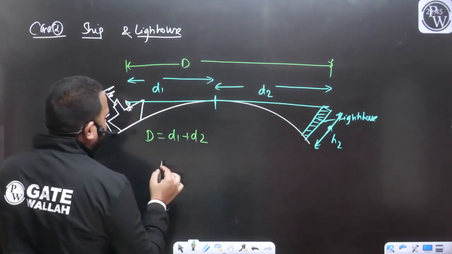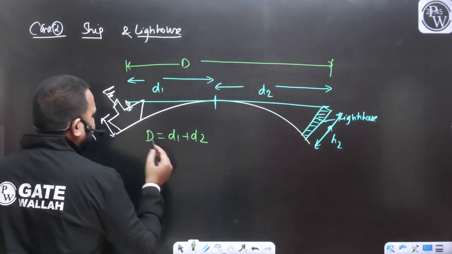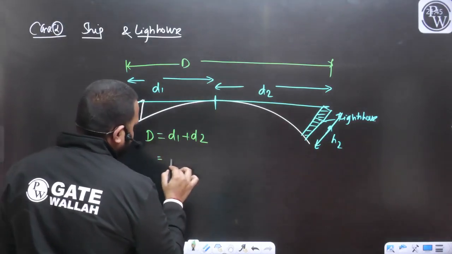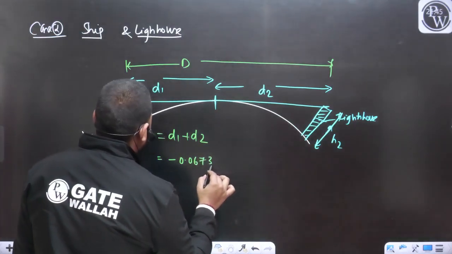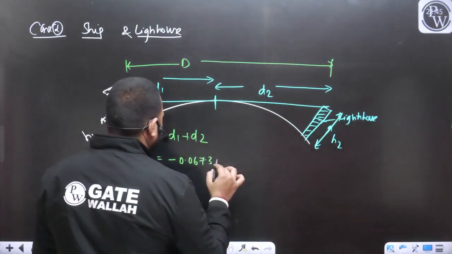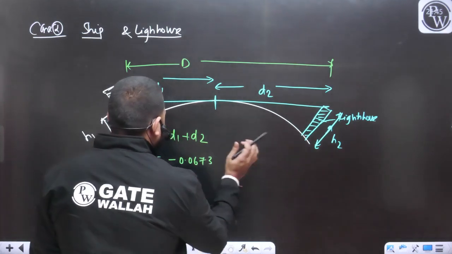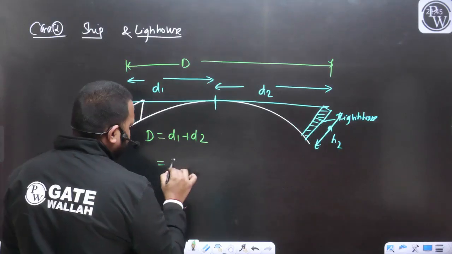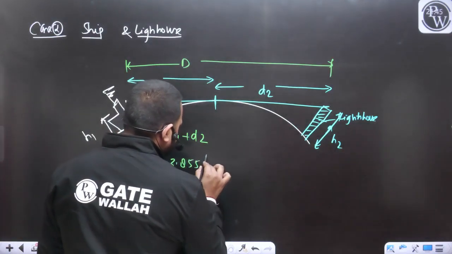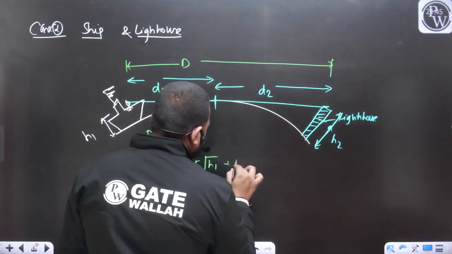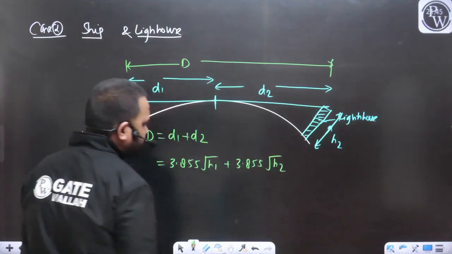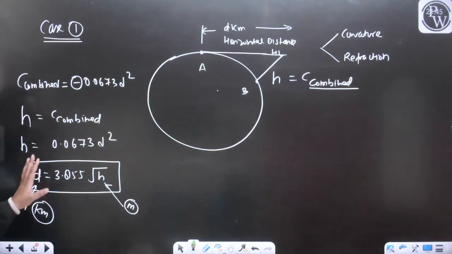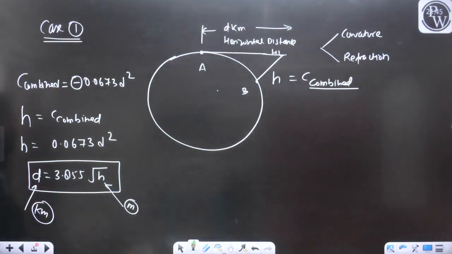How can we find D1? Again, this is going to be the combined correction, minus 0.0673. So D1 we can directly write: this will be equal to 3.855 under root h1, and D2 will be equal to 3.855 under root h2, from the same concept that we used for case 1.